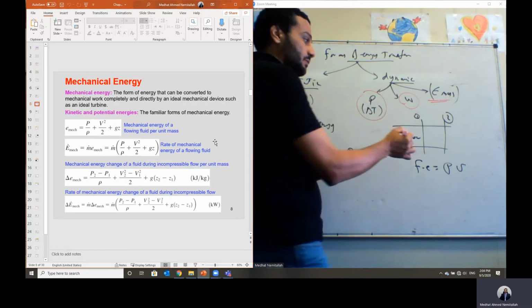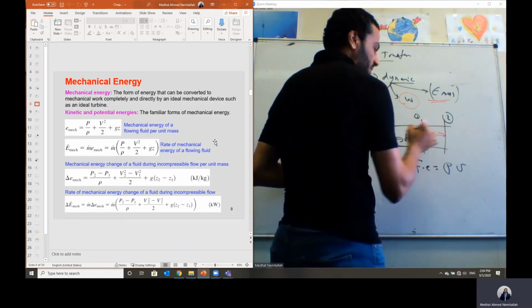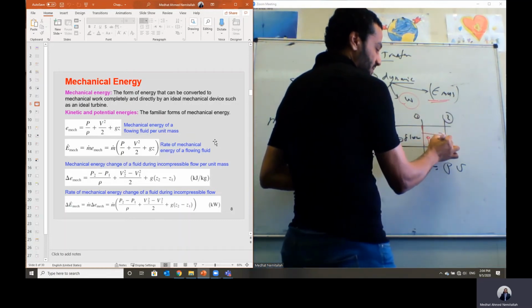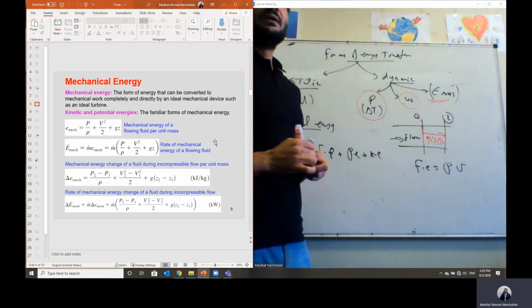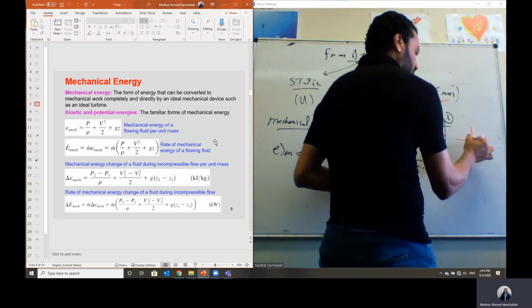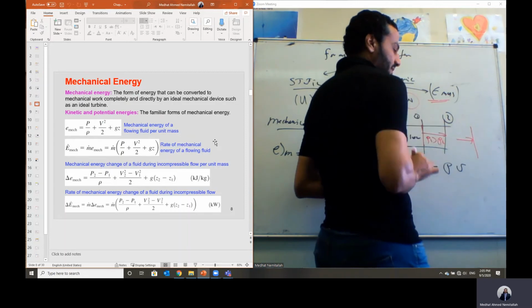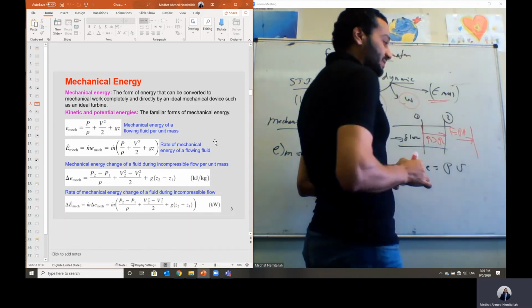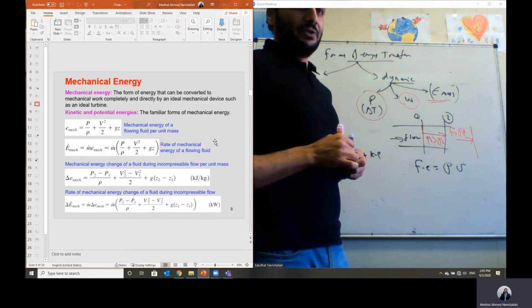To have this flow moving from one location to another, that means the pressure P1 is greater than P2. The pressure acts normal to the flow and to the inside of this system, so we have a pressure force equal to pressure multiplied by area.